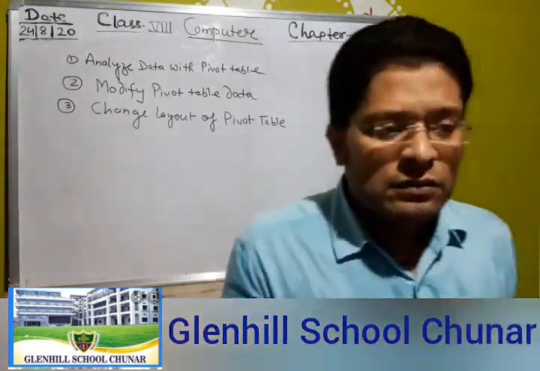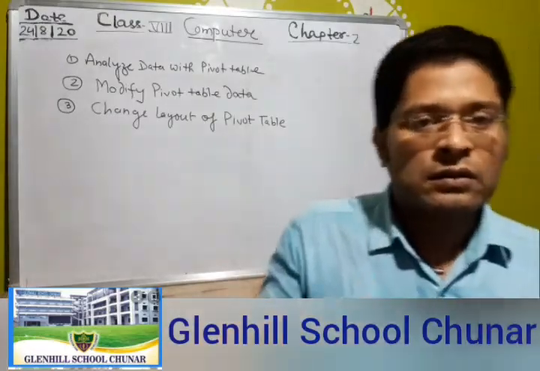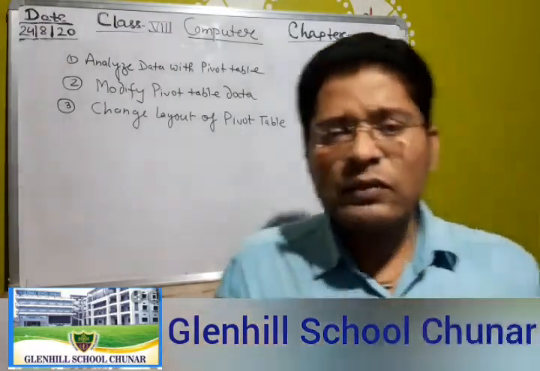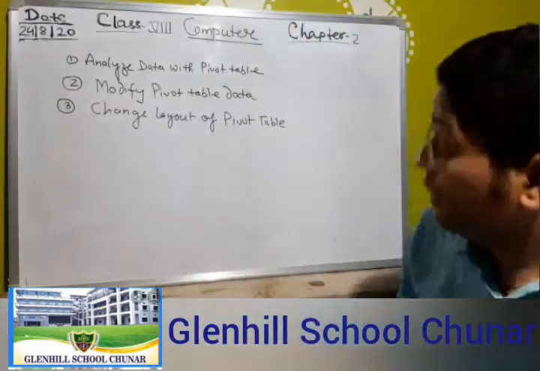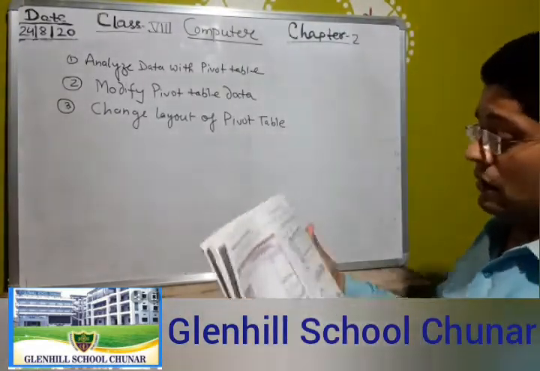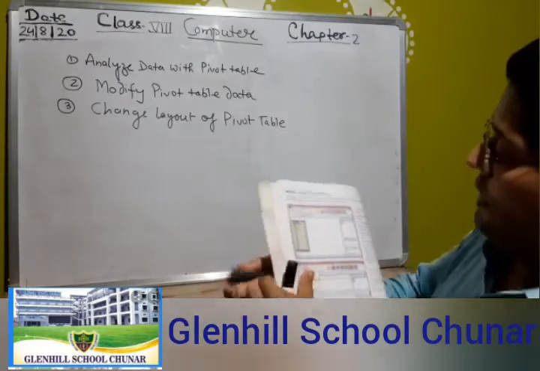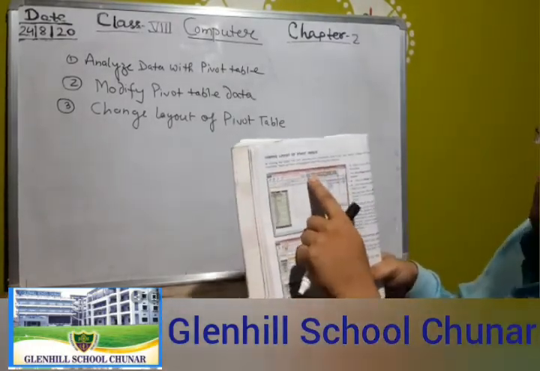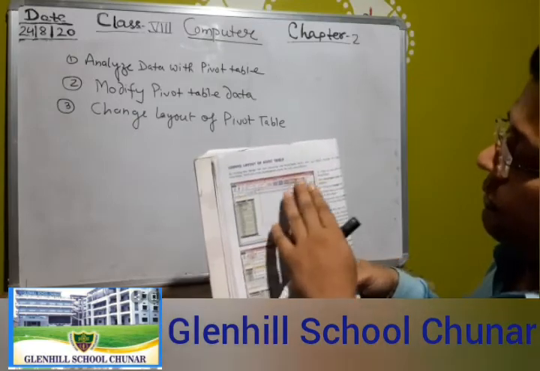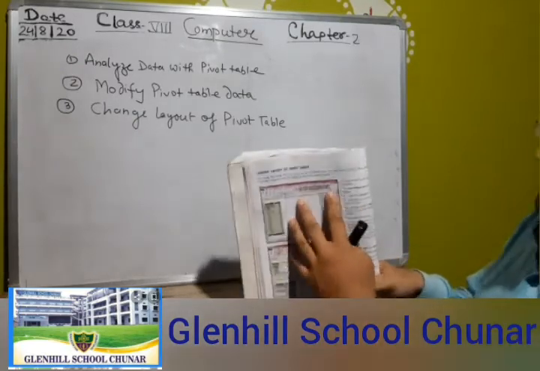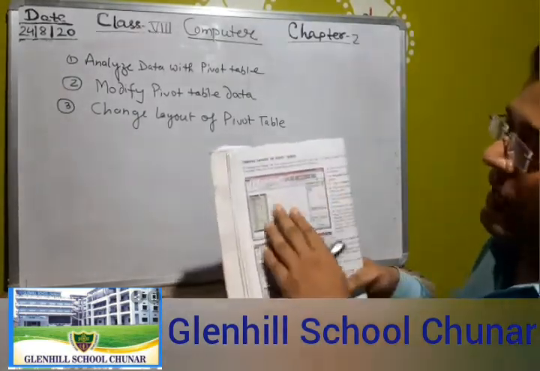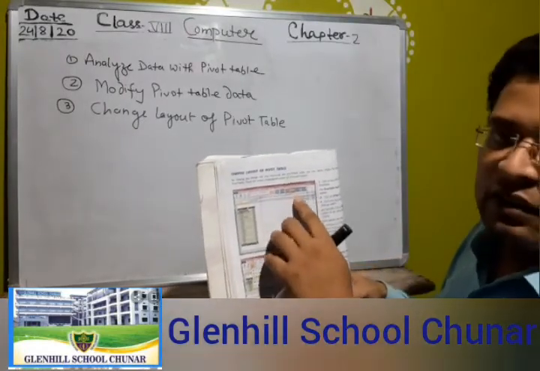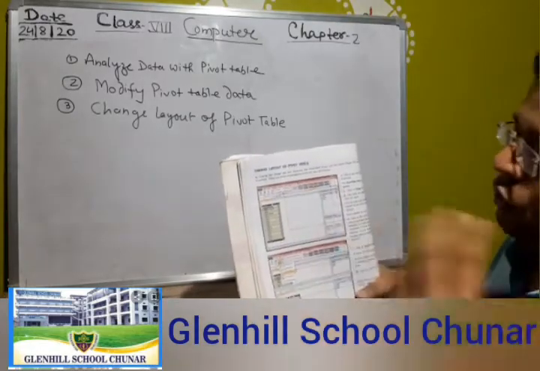By clicking the Design tab in the pivot table, you can see different designs, so you can easily change the layout of a pivot table. There are many pre-designed styles, and you can choose any one.